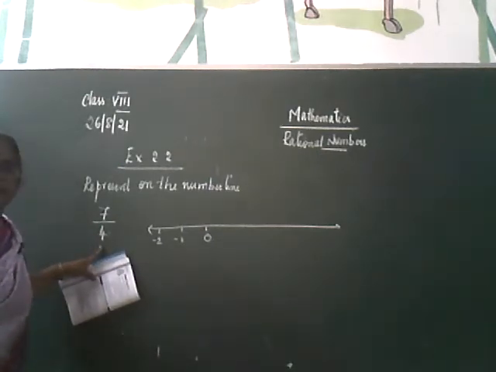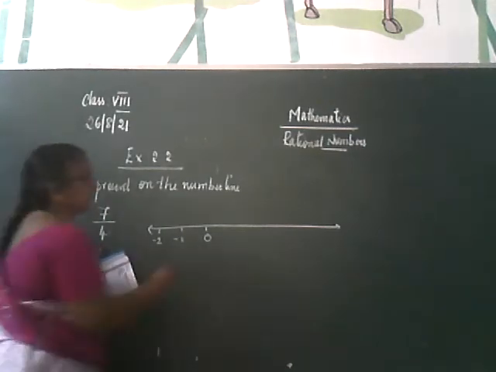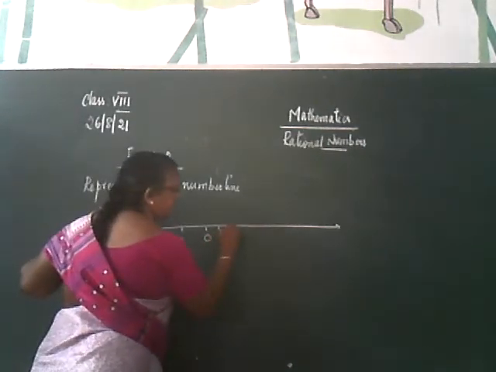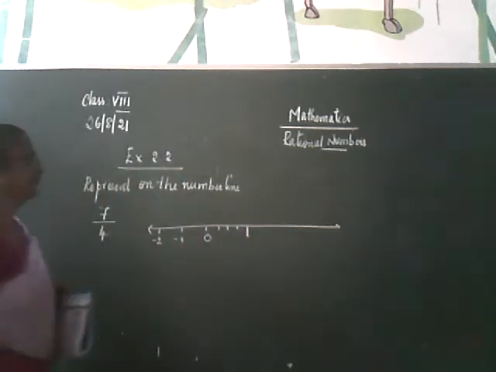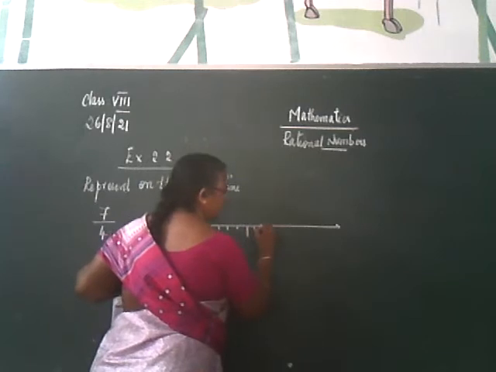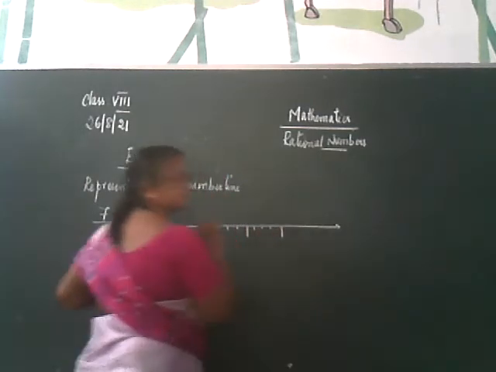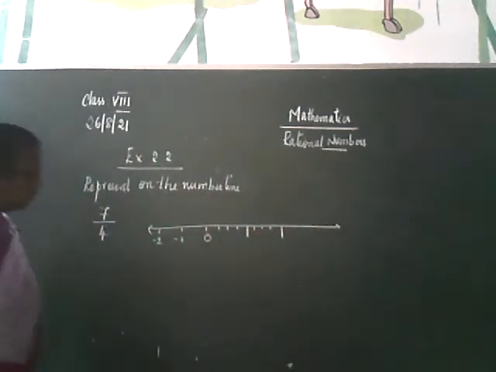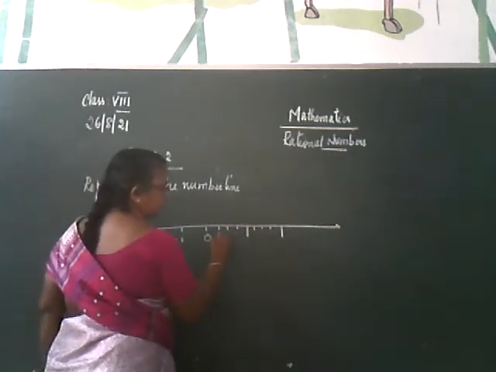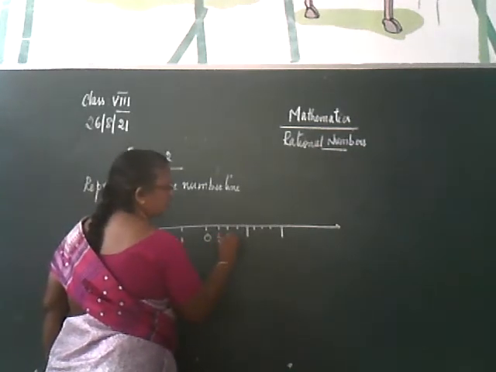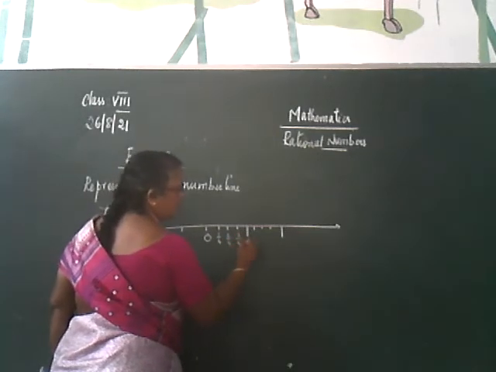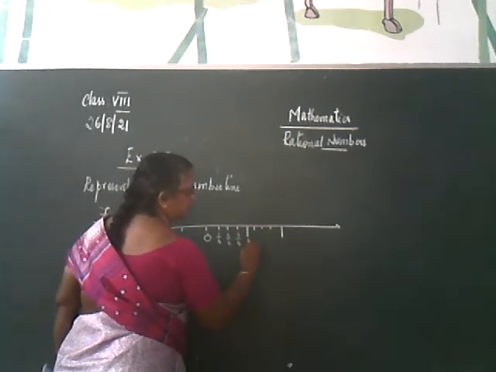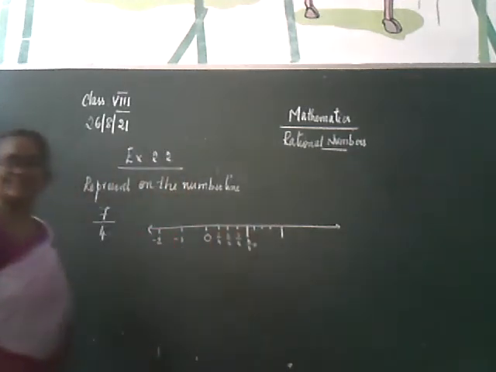See the denominator. If you see the denominator, it is 4. That means it is divided into 4 equal parts. Okay? Again you do it. 4 equal parts. Like that. So you will have 4 equal parts, meaning 1 by 4, 2 by 4, 3 by 4, 4 by 4 is 1, isn't it?